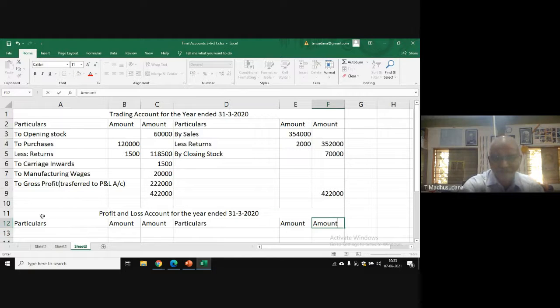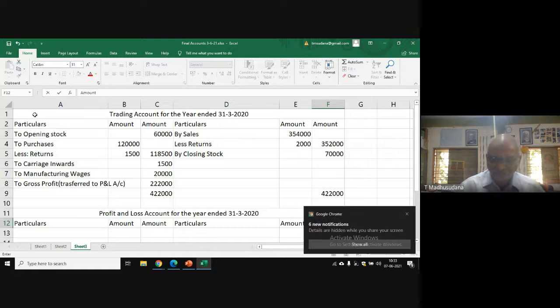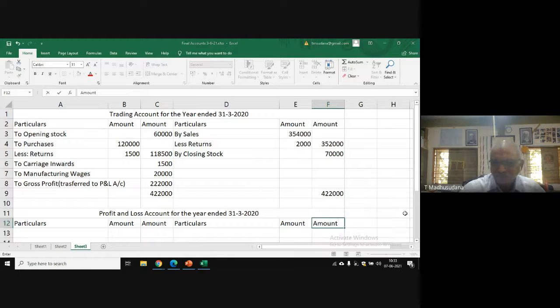You mention Dr and Cr also. For the trading account and profit and loss account, you have to mention Dr and Cr also. Please mention Dr on the debit side, and here we have to mention Cr. I have not mentioned it, you please mention.